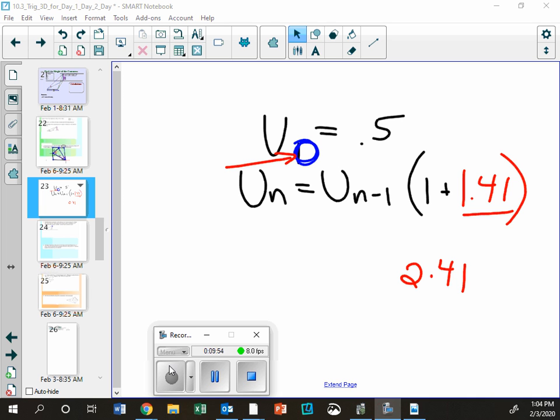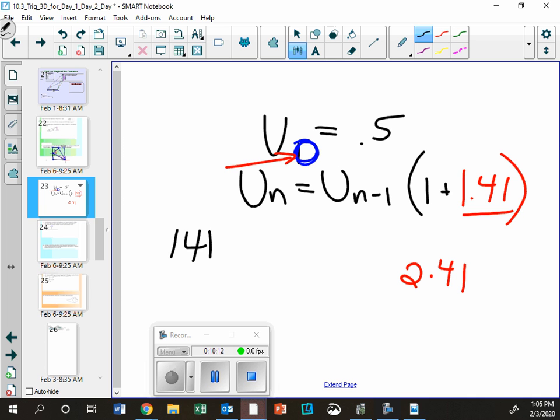And what would 1.41 turn into as a percent growth? Please don't say 14. What would it be? 141% growth. So this one has 141% growth and a 2.41, what was that thing called, Ann? CR, which is a common ratio.